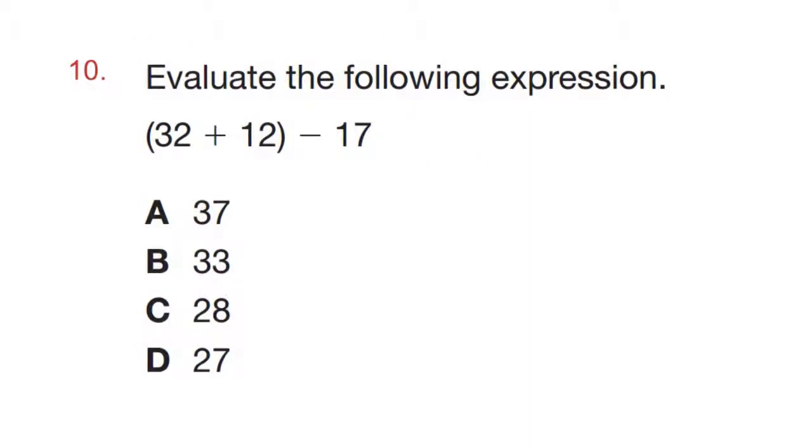Alright, our last problem here on Common Core Review, topic 3A. Evaluate this following expression. The quantity of 32 plus 12 minus 17. Remember, evaluate means solve, and you must do the parentheses first. 32 plus 12 must be done first.